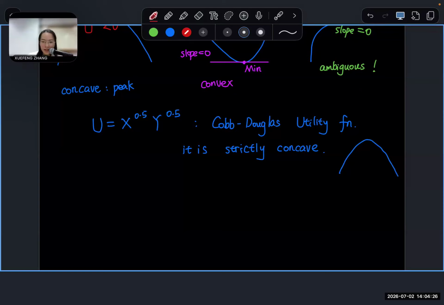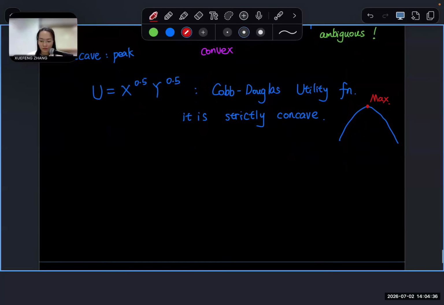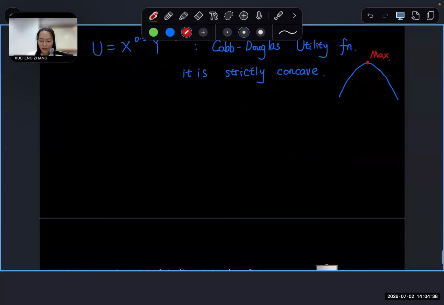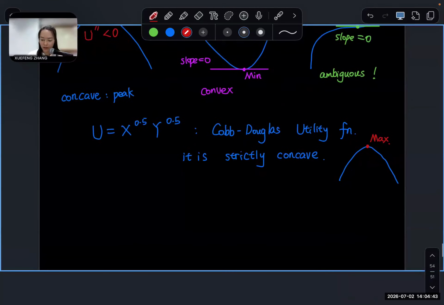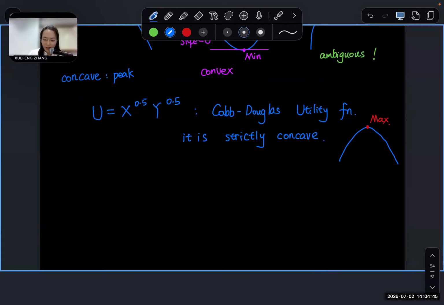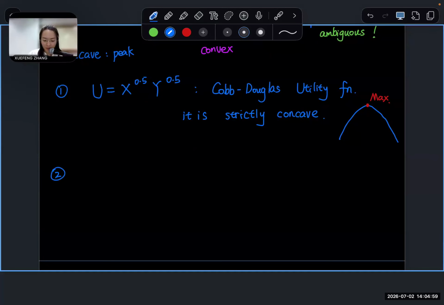That means there's only a unique maximum. So from method 1, we know this is a Cobb-Douglas utility function, which is strictly concave, so there's only a maximum.